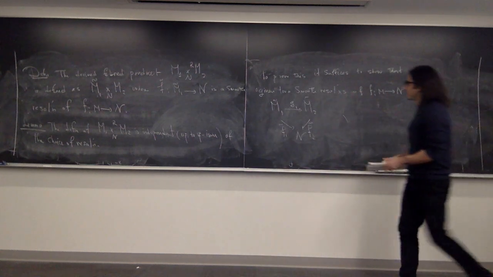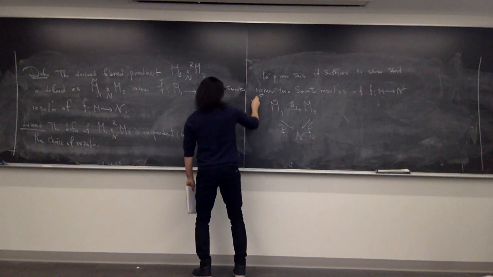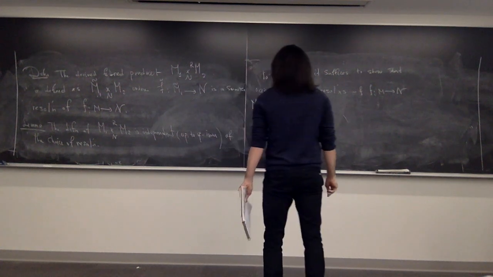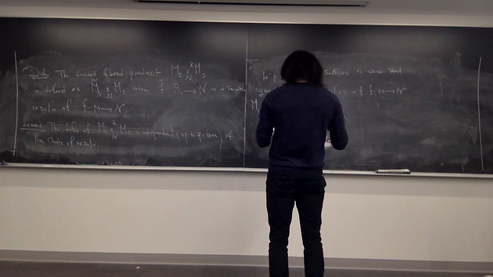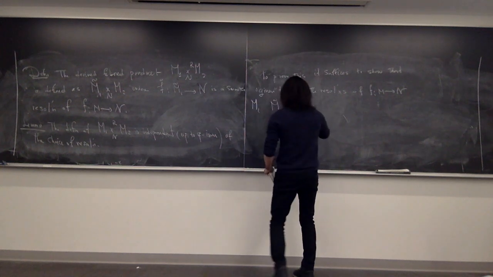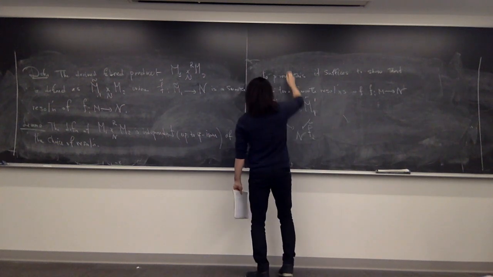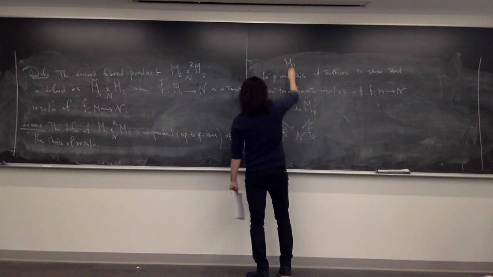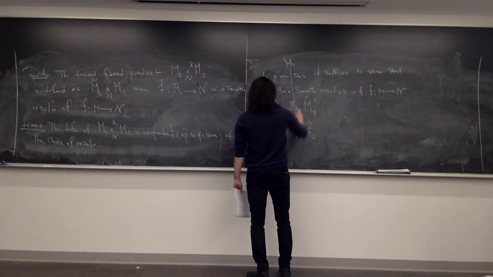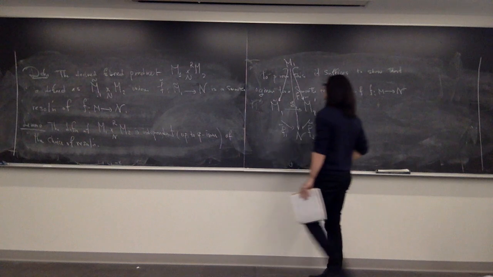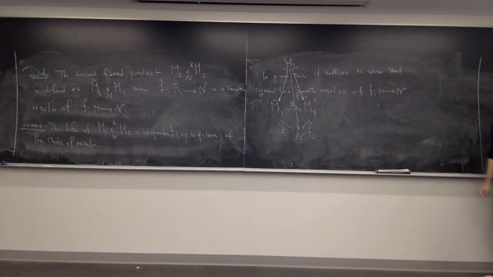Remember that this was M1 prime, for instance. Okay, so remember that this was M1. This is your F, and the idea was that your map always factors through a smooth resolution.